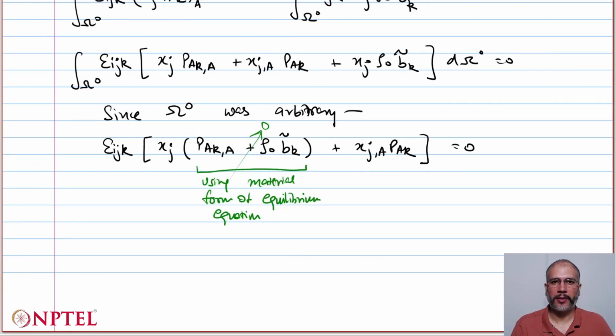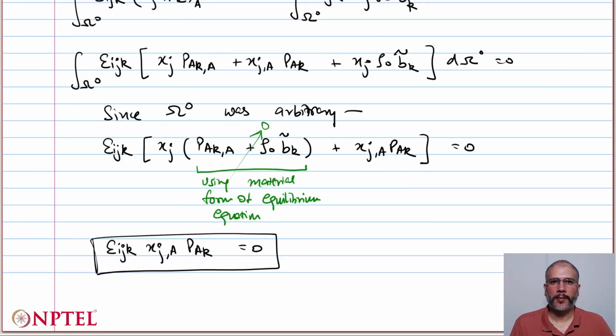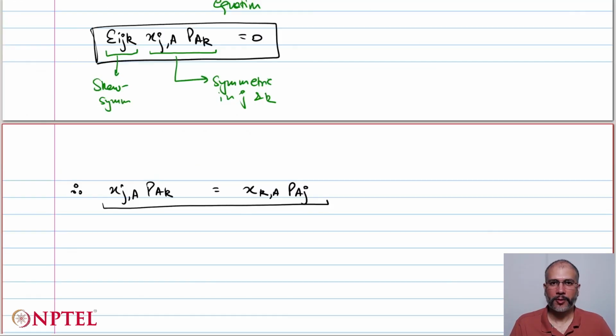So this ultimately results in, similar to the analysis that we had performed earlier in the angular momentum principle being applied to the Cauchy stress tensor, a skew symmetric tensor in J and K. So this has to be symmetric in J and K for this to be 0. So we get this condition for xj comma A PAK.